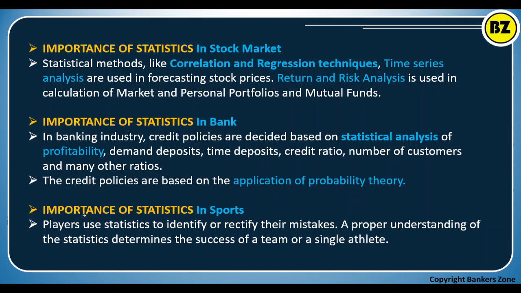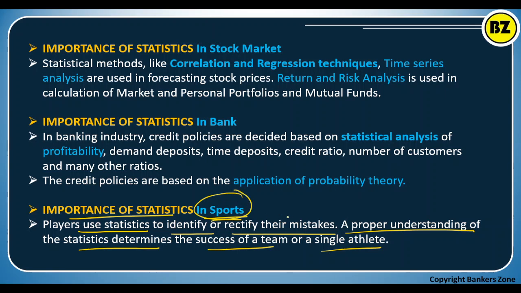Now see, what is the importance in sport? Players use statistics to identify or rectify their mistakes. A proper understanding of statistics determines the success of the team or even a single athlete. So in sports also statistics is being used. For example, a cricketer can use the speed of the ball.